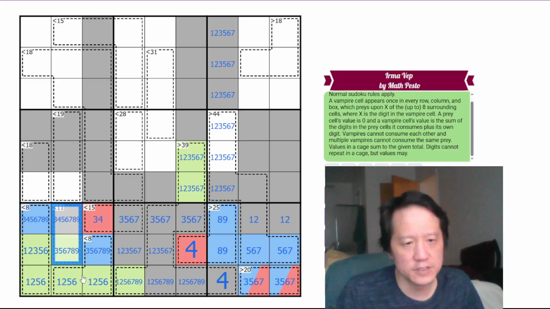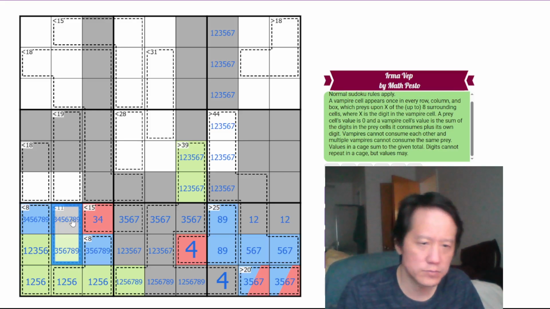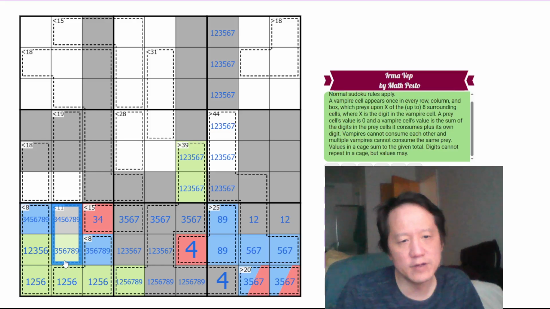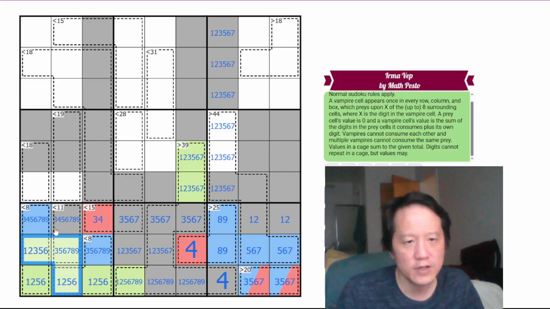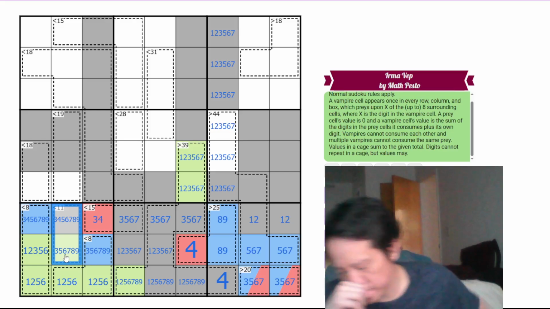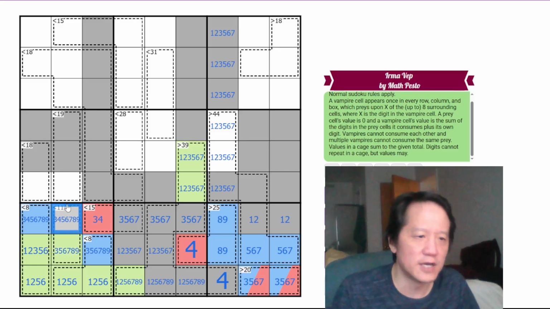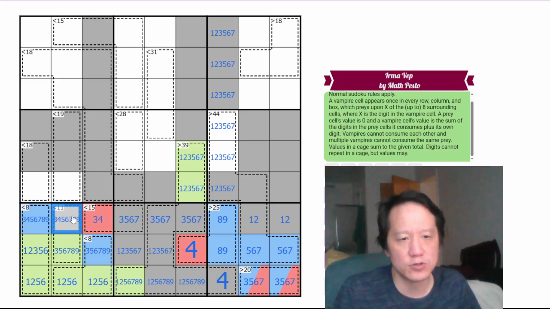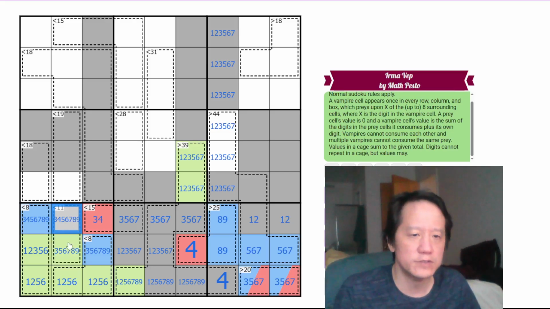So if this is less than 10, obviously it cannot be 4. I guess it could be 4 and 6 here, though, too. But if this is 4 and 6, the problem is these digits cannot add up, right? So if this is not prey, which means the value is not 0, these 2 digits can never have 8 or 9 with it, because 1 and 2 cannot be in that cage, right?